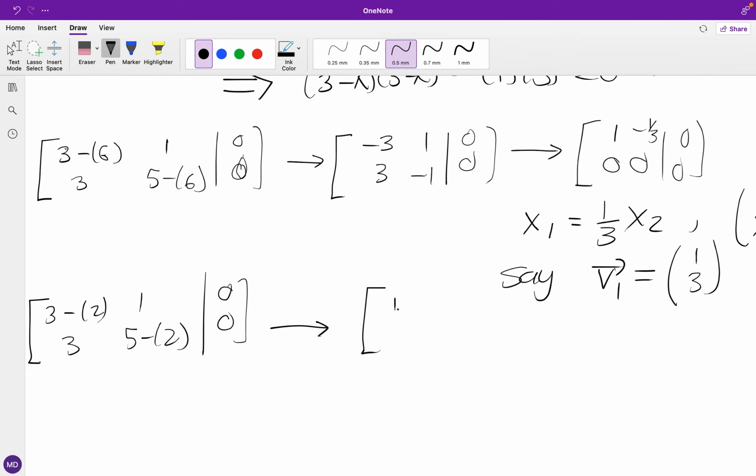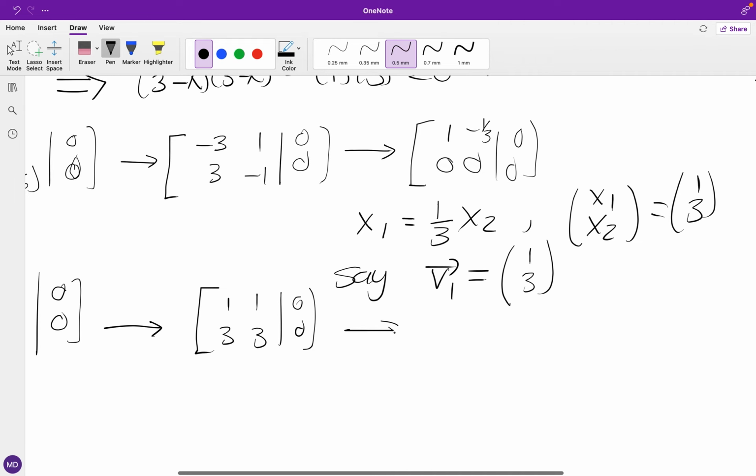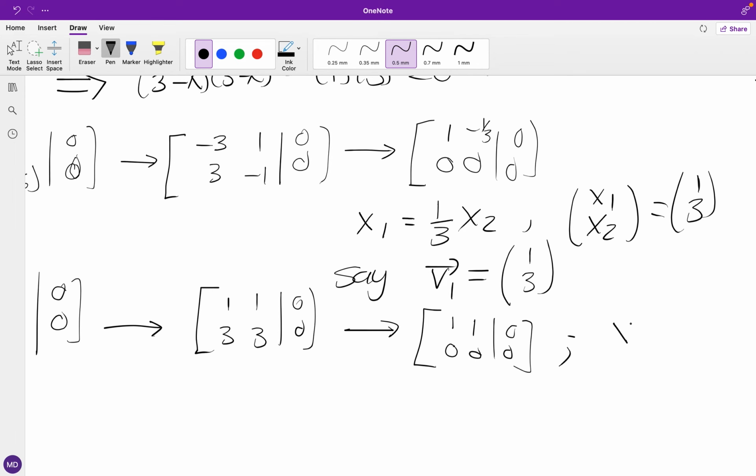We end up with 1, 1, 3, 3, 0, 0. And this row reduces nicely to 0, 0, 0, 0. And this would give us 1, 1. So this tells us that x1 equals negative x2.